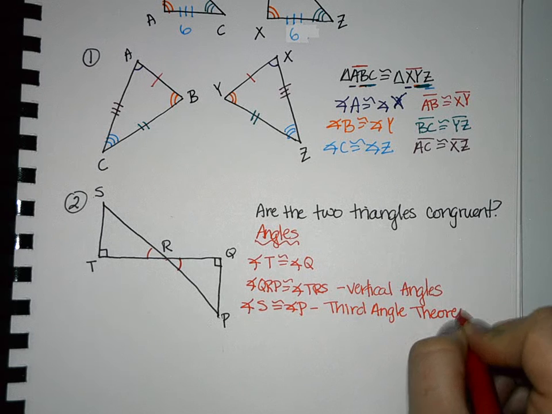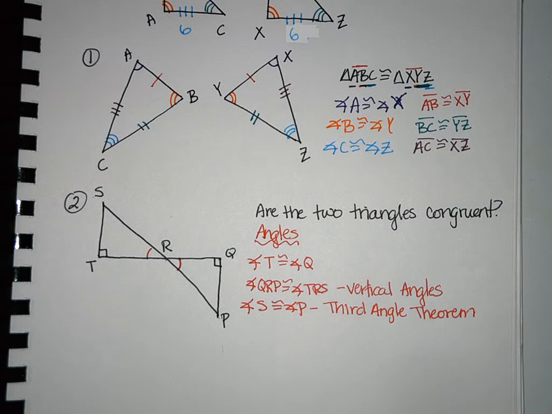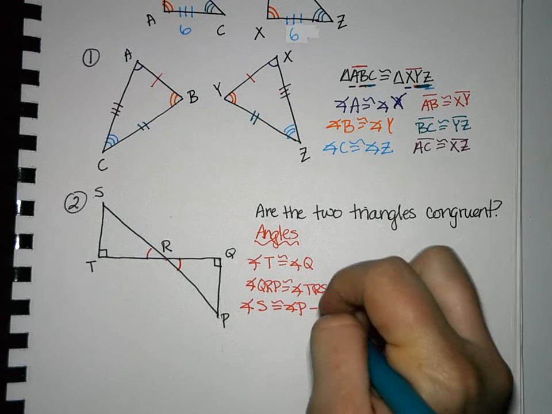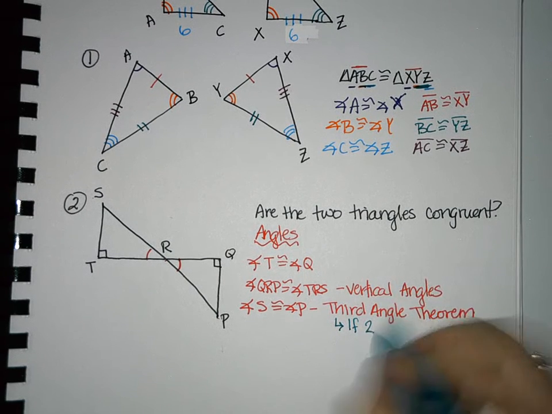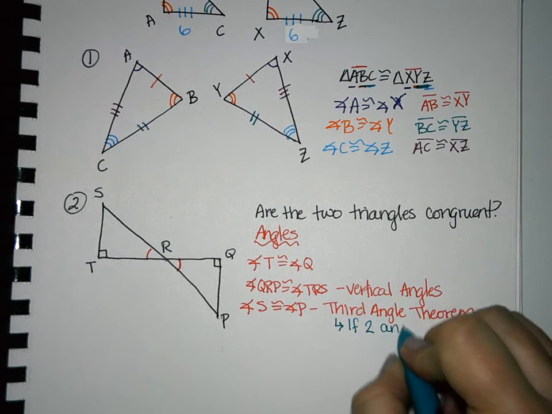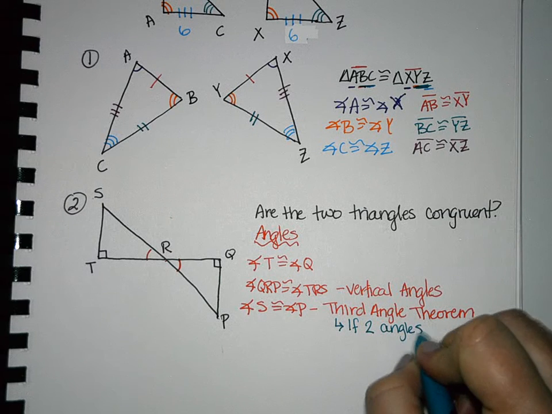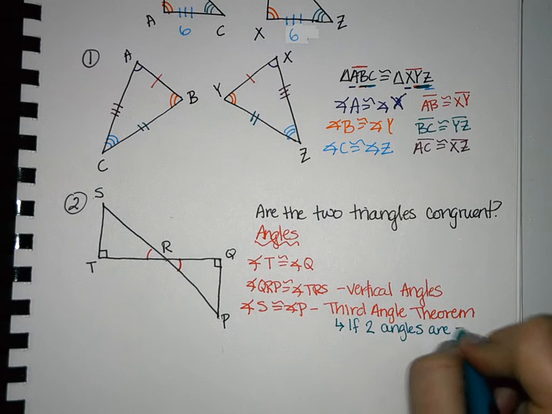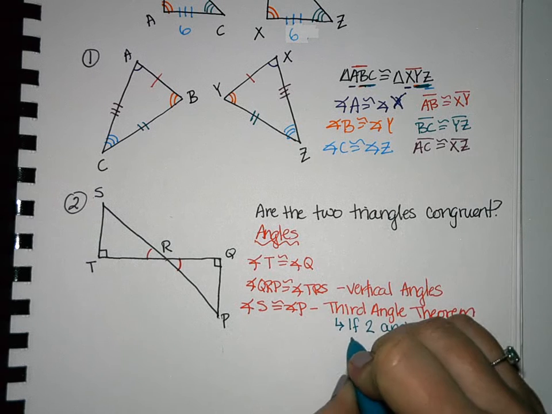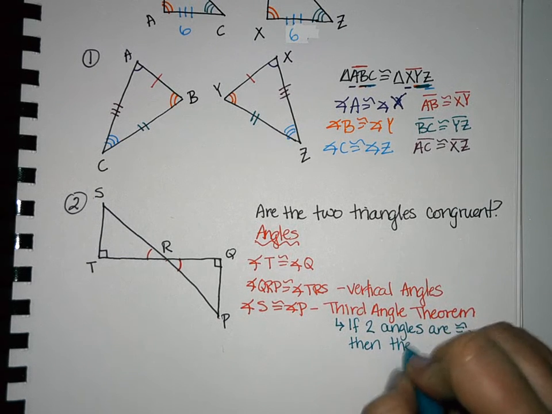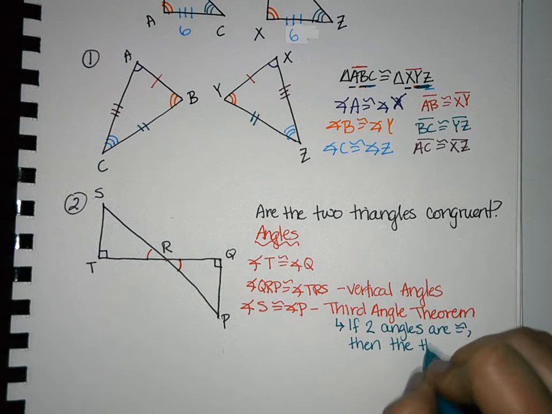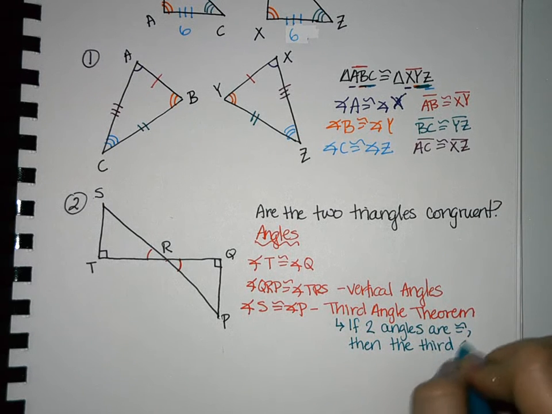And what the third angle theorem says is, if two angles are congruent, then the third angle has to also be congruent.